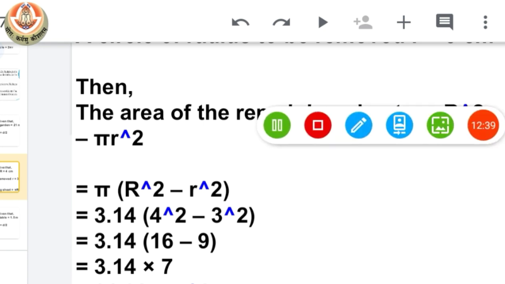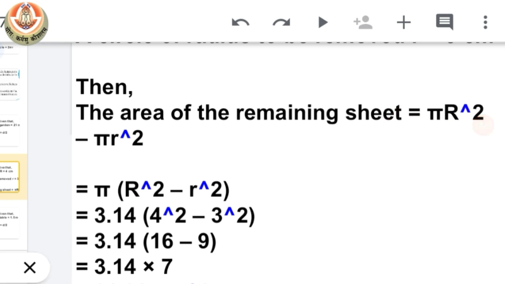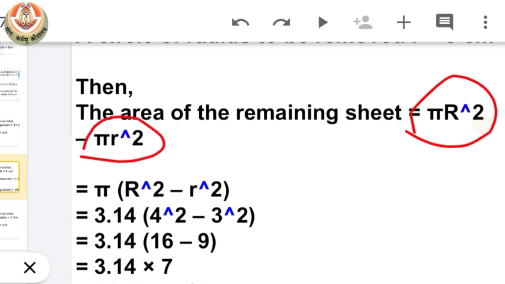For this we have to minus the area of the small circle from the area of the bigger circle. So we are taking capital R as the radius of the big circle and small r as the radius of the small circle. So we will take pi common from both of them, and here the square of the radius of the bigger circle and the square of the radius of the small circle.